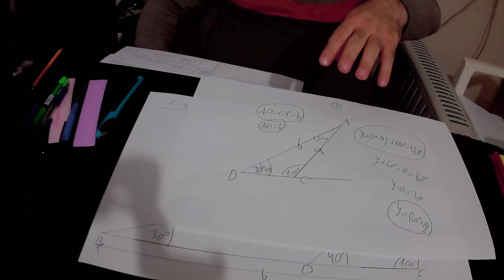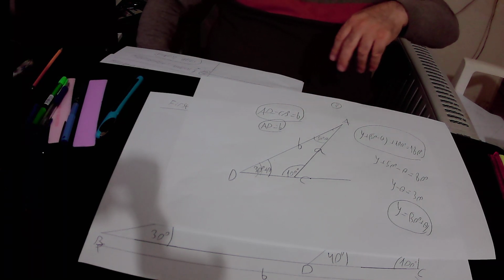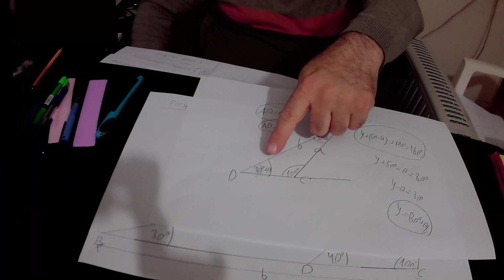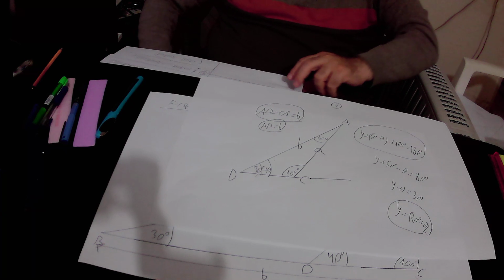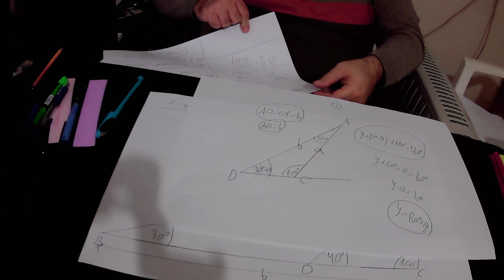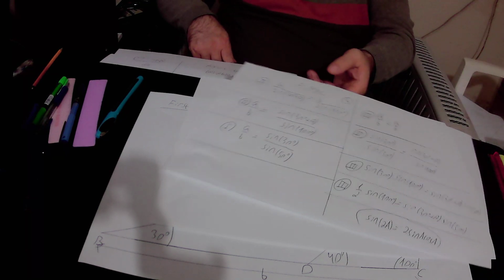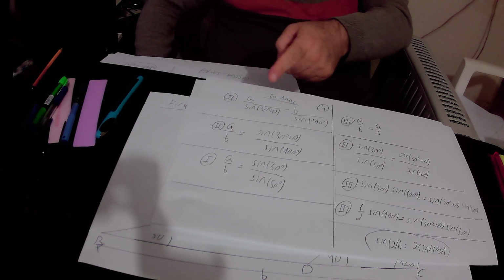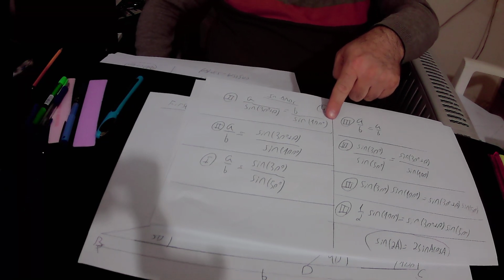Then we implemented the law of sines in this triangle ADC. I'll repeat again. According to the law of sines in triangle ADC, A over sine 30 degrees plus theta equals B over sine 100 degrees.